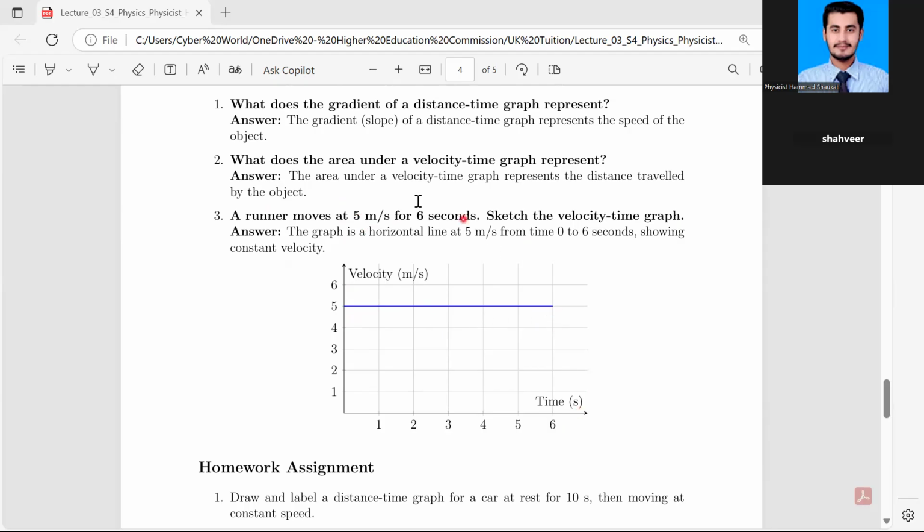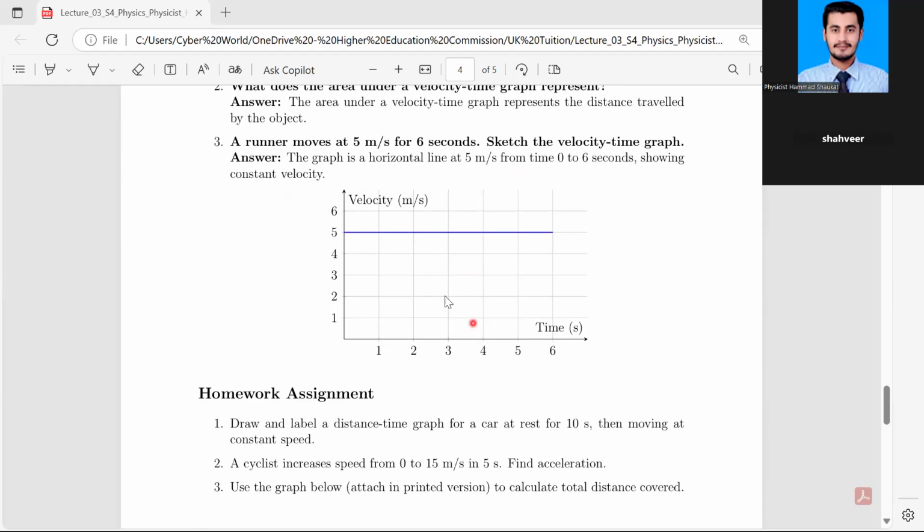Why 6? Because the time it takes is 6 seconds. So you can just make a graph from this data. Understood? Can you make this? Okay, all set. Any question? No.